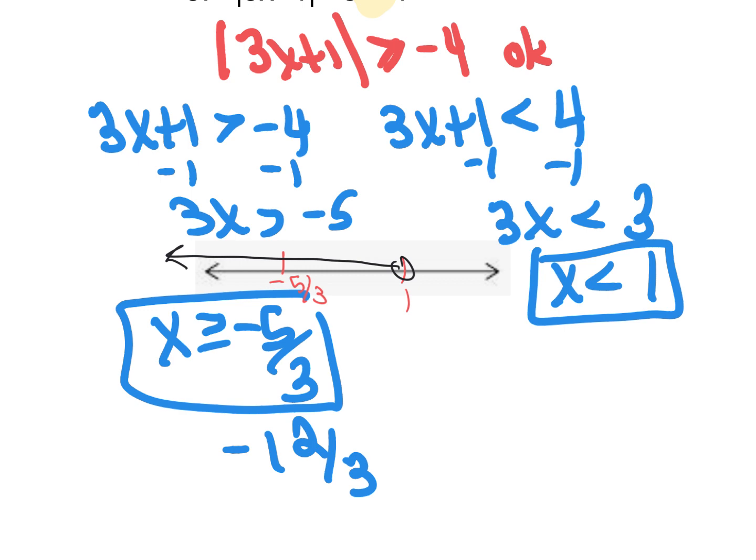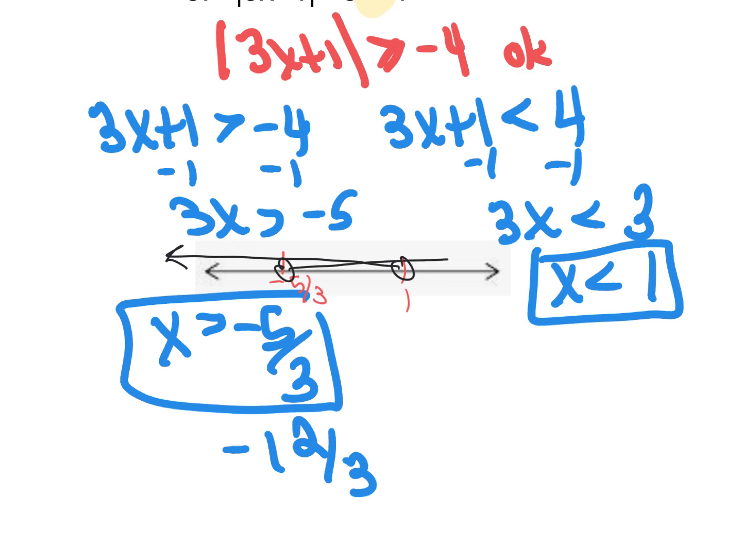Oops, there should not be an "or equal" sign right here. Hang on, I don't know why it won't let me erase that, but there we go. That was my mistake. And then negative 5/3 is greater than.